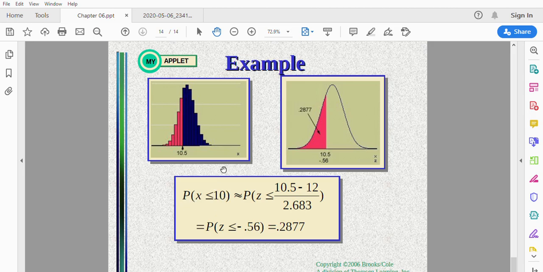We have to add 0.5, because this is not a normal distribution value, it's a binomial, which is a whole number. It can't be a decimal point. So for the normal approximation, we add 0.5. We will get 10.5 minus the mean, divided by the standard deviation. We will get the z value, and we simply find the probability from the table. So that's all for the explanation of the normal distribution. Thank you.